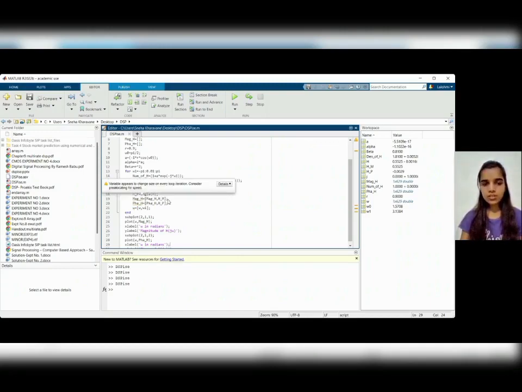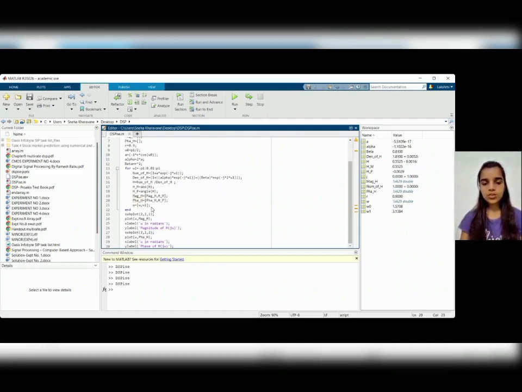Magnitude of h is given by magnitude of h underscore m. H underscore m is defined here. Similarly, phase angle of h, transfer function is defined here. Omega is equal to omega 1.